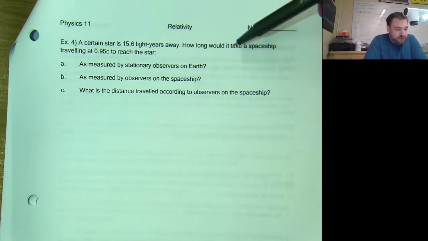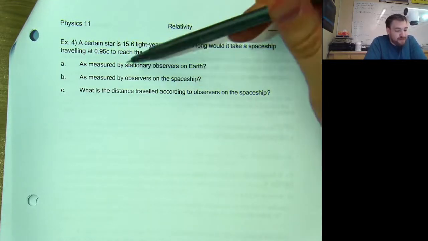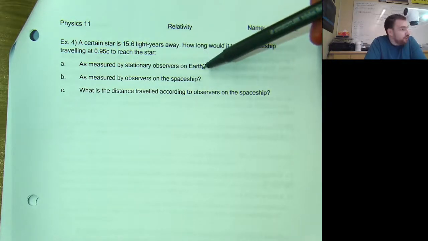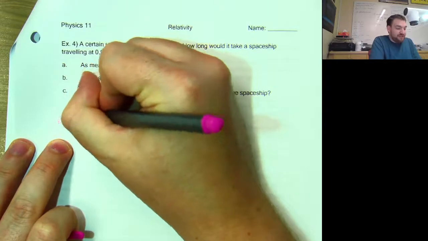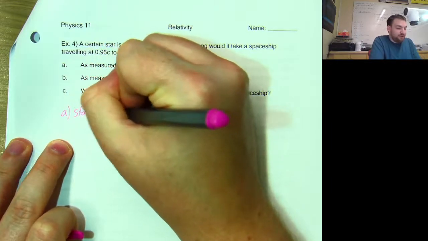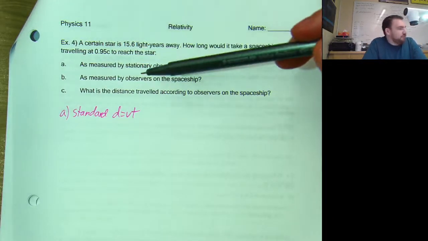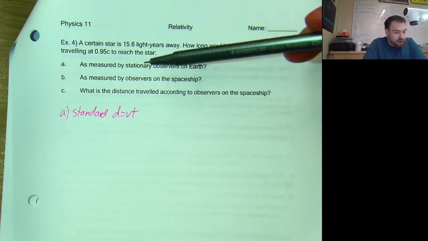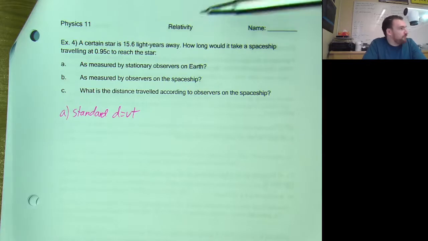So to find how long it would take traveling at 0.95 c to reach the star, as measured by stationary observers on Earth, this first part of the question is just standard d equals vt, because everything is measured from on the Earth. Earth says it's 15.6 light years away. Earth says the ship's traveling at 0.95 c.